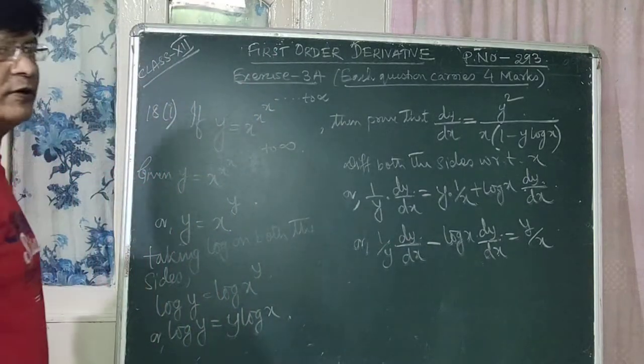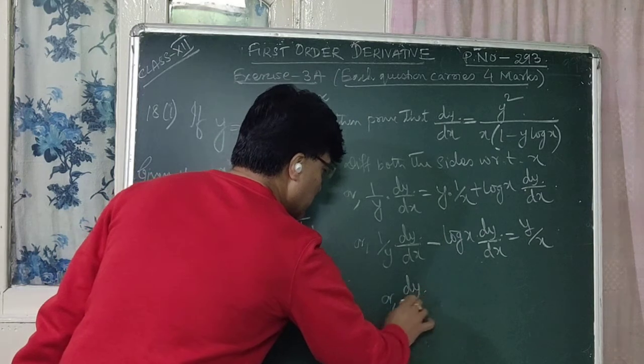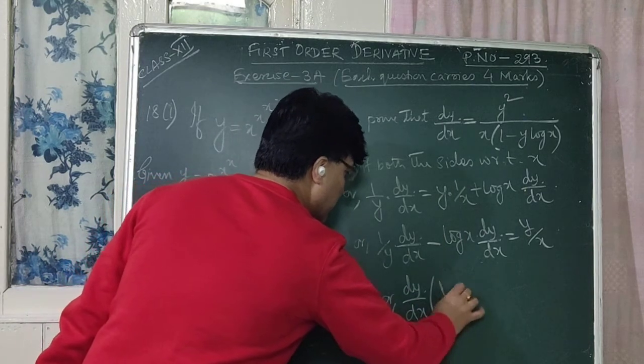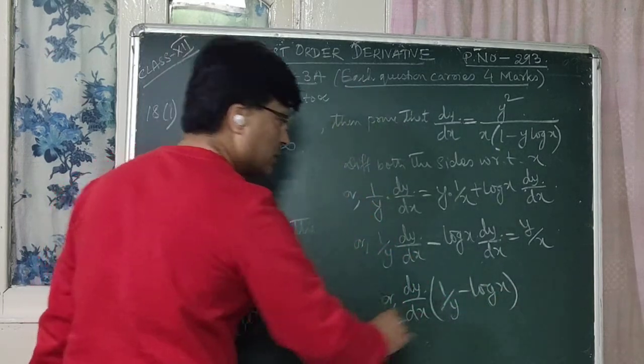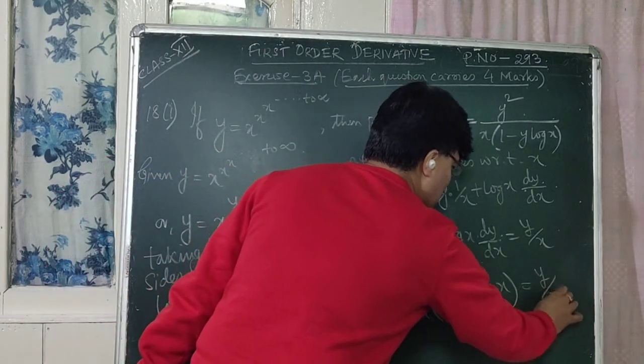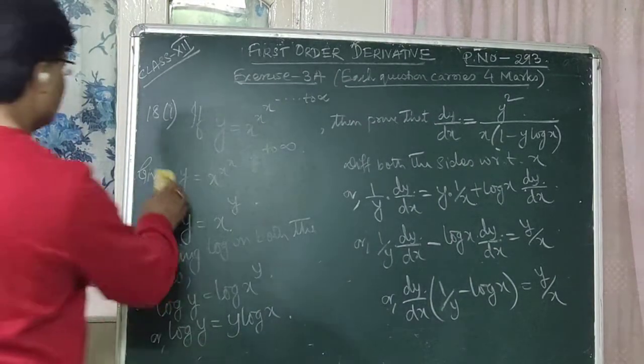Now let us solve for dy by dx. What is common here? It is dy by dx within bracket 1 upon y minus log x is equal to y upon x, right?